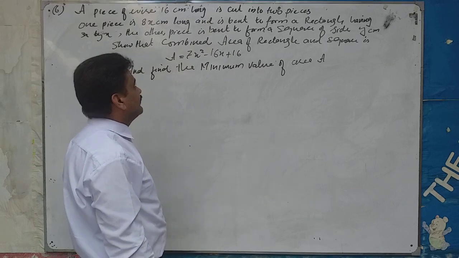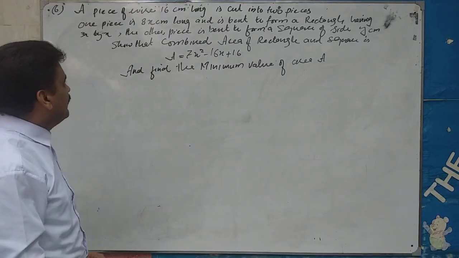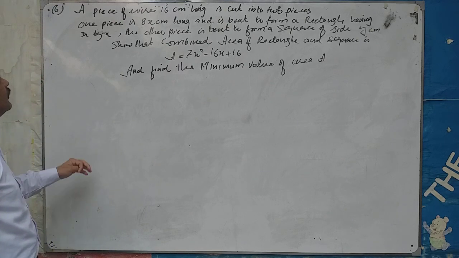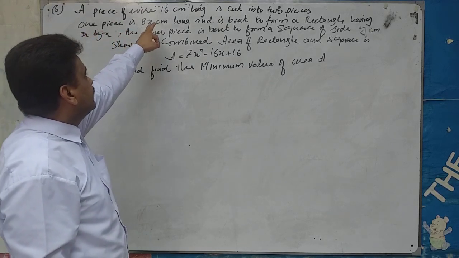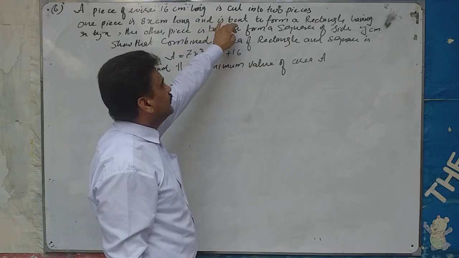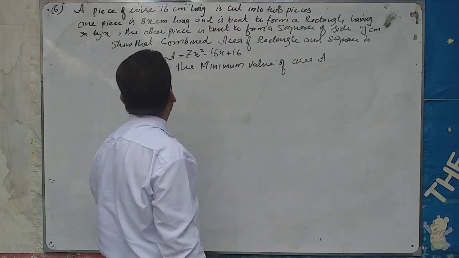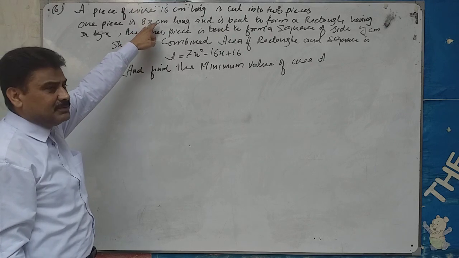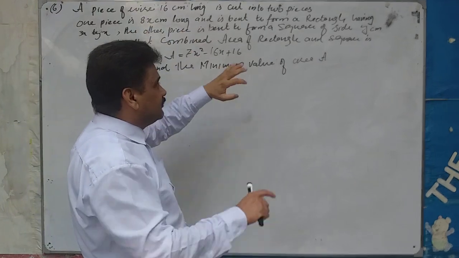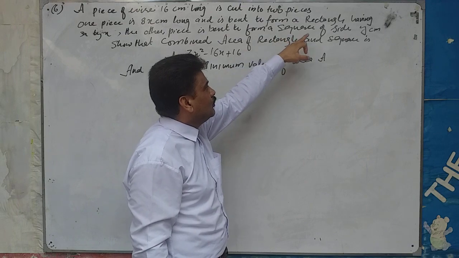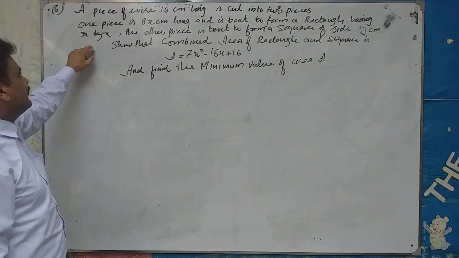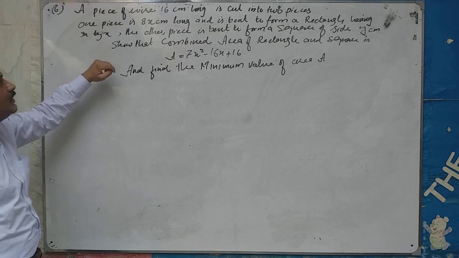We have to solve a simple problem about the maximum and minimum value of the function. The problem is this: a piece of wire 16 centimeter long is cut into two pieces. One piece is 8x centimeter long and is bent to form a rectangle having side 3x by x.